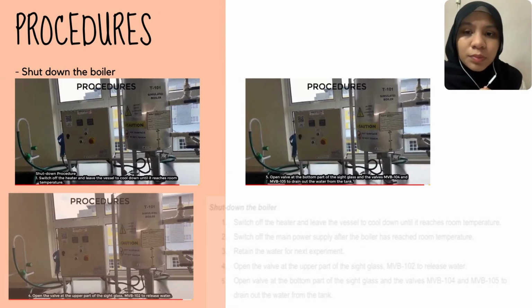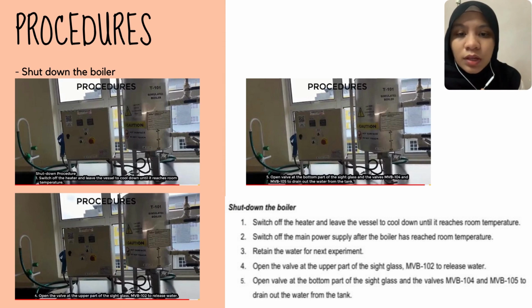And then the last part of this procedure is shutting down the boiler. For step 1, we need to switch off the heater and leave the vessel to cool down until it reaches room temperature. And then we need to switch off the main power after the boiler has reached room temperature, and we retain the water for the next experiment.